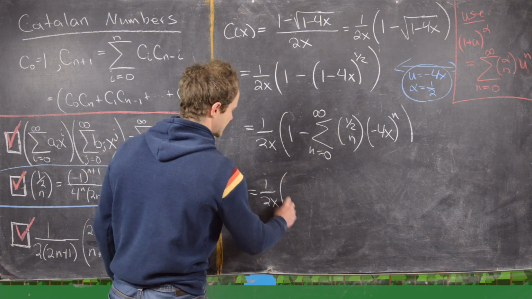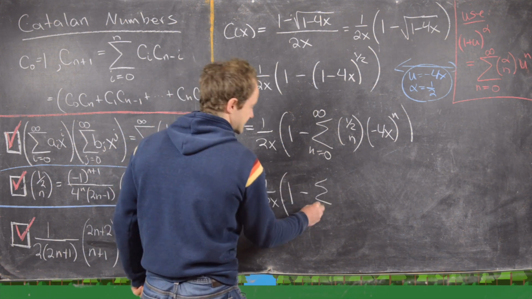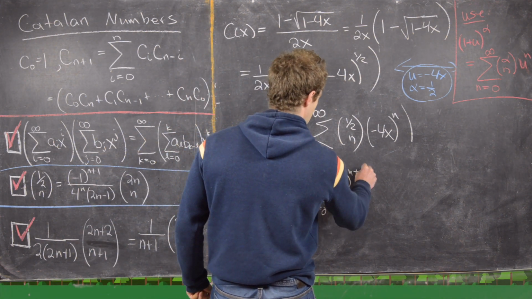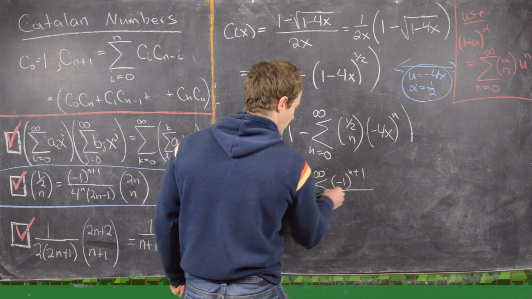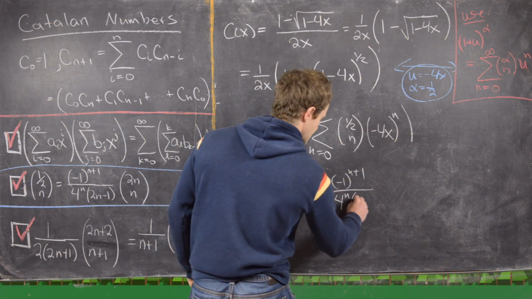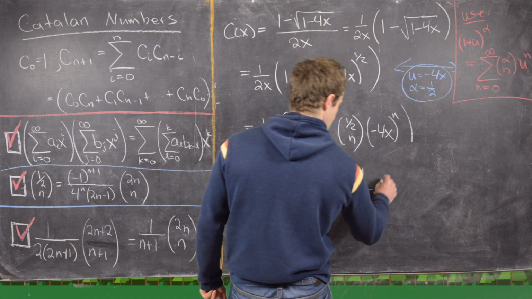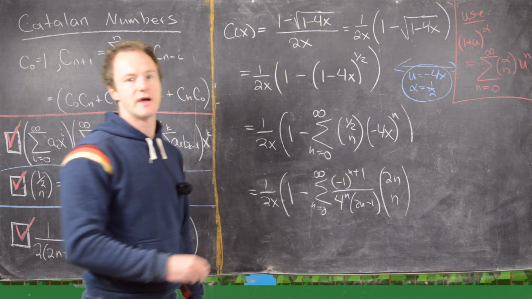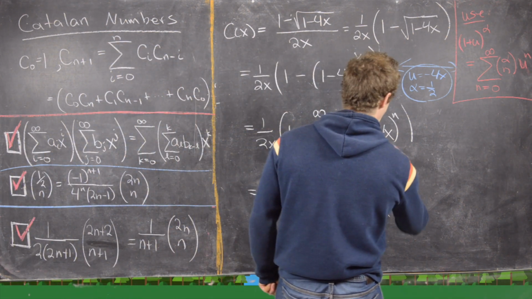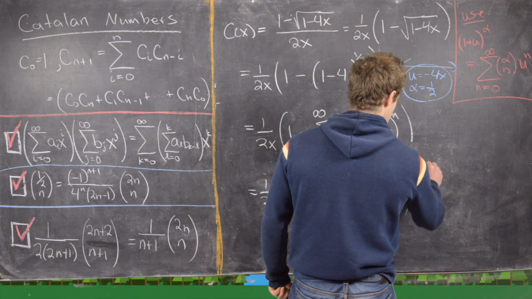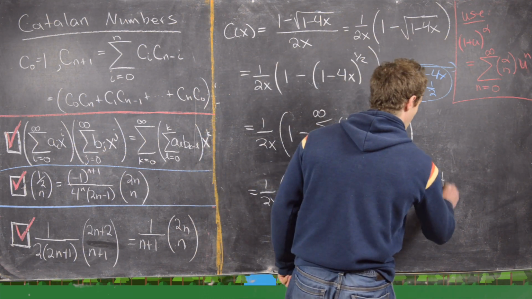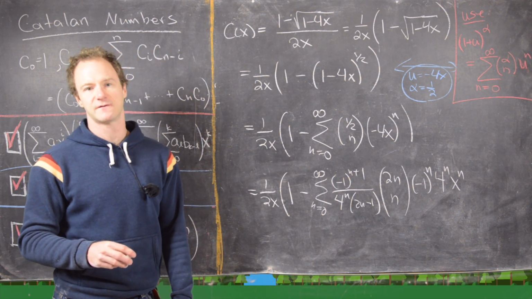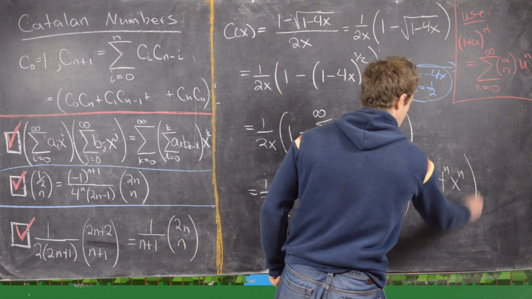We get 1 over 2x, 1 minus this sum n equals 0 to infinity, and then we'll have minus 1 to the n plus 1 over 4 to the n times 2 to the n minus 1, and then we have the central binomial coefficient 2n choose n, and now we'll have minus 1 to the n times 4 to the n times x to the n. So that's from breaking up this minus 4 times x all to the nth power.